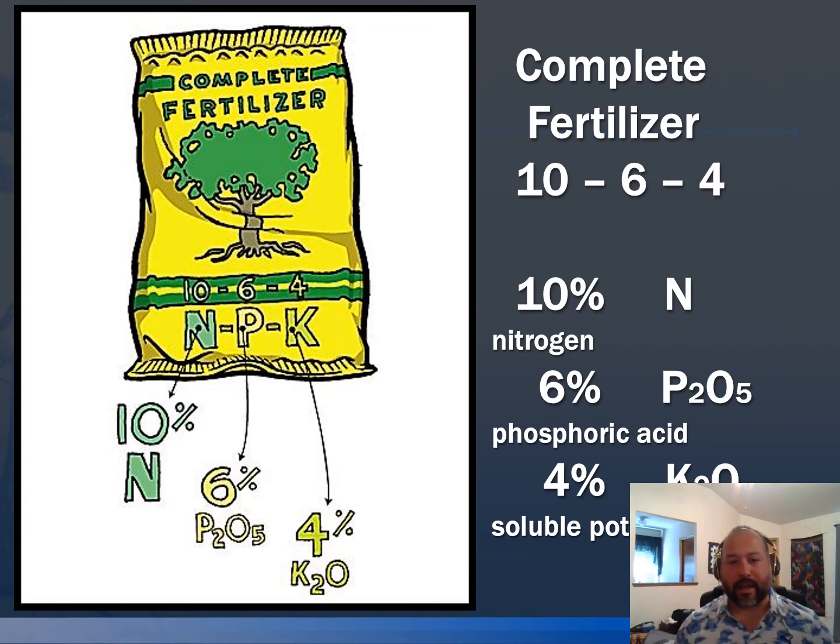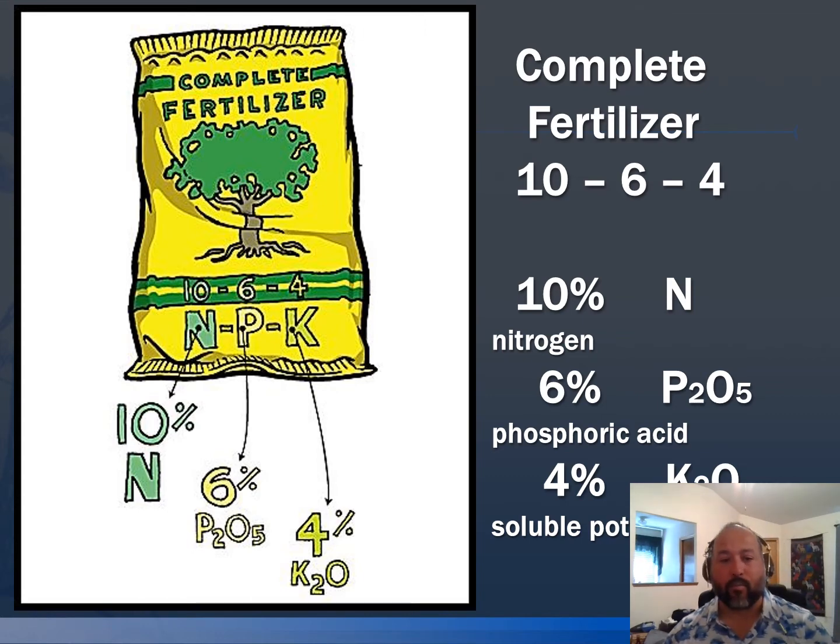So if we take a look here at this complete fertilizer, it says a 10, 6, 4 on this bag that we're looking at. So what that means is it's going to be 10% nitrogen, 6% phosphoric acid, and 4% soluble potash.